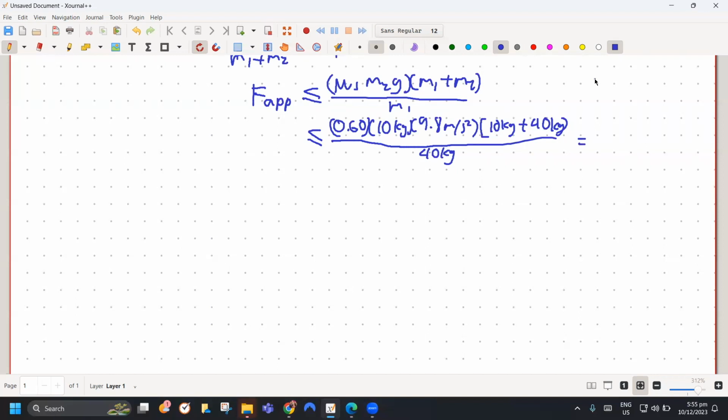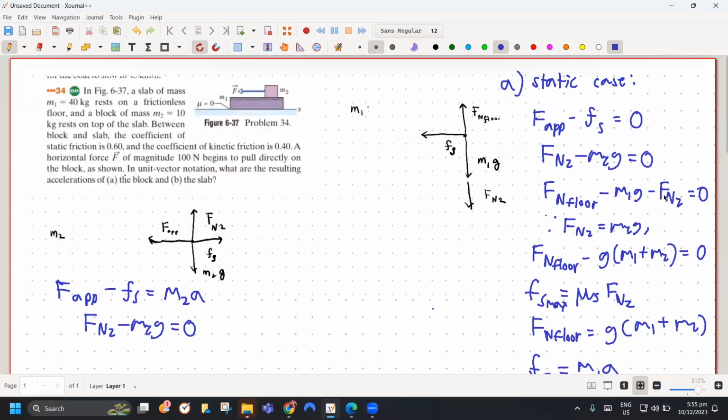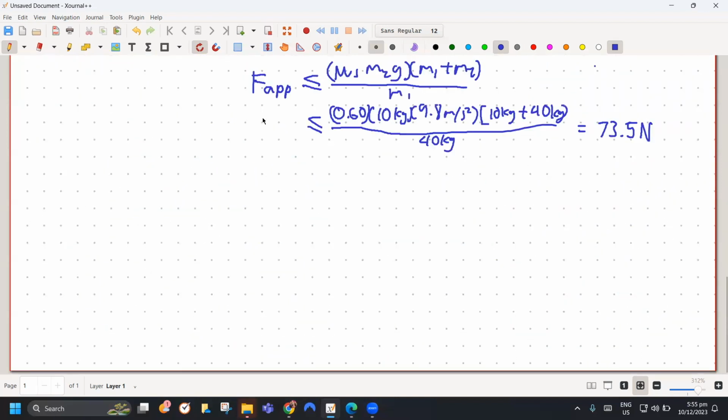So 100 times 40 over 50, oh very sad, this is 16 newtons. But the force is 100 newtons. So what happened? The condition is not true, so the actual applied force is greater.